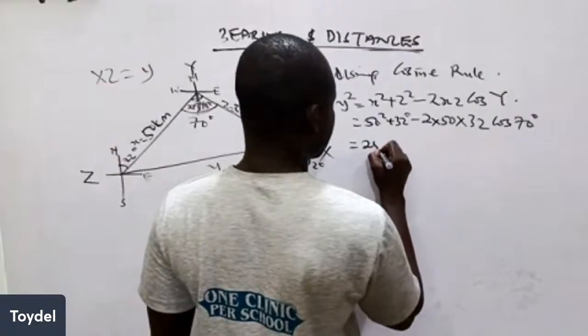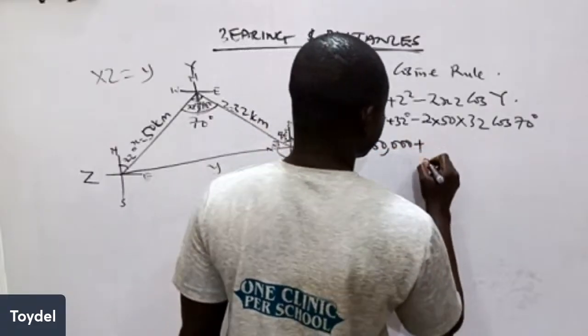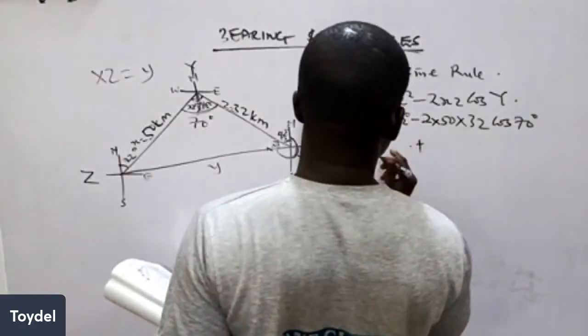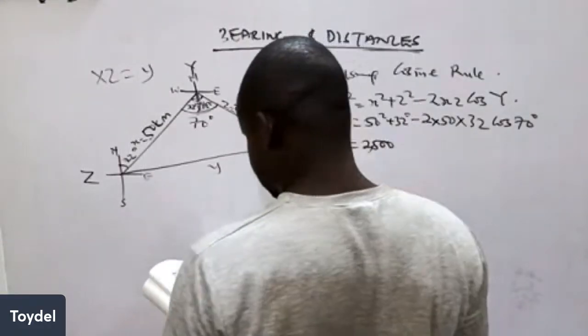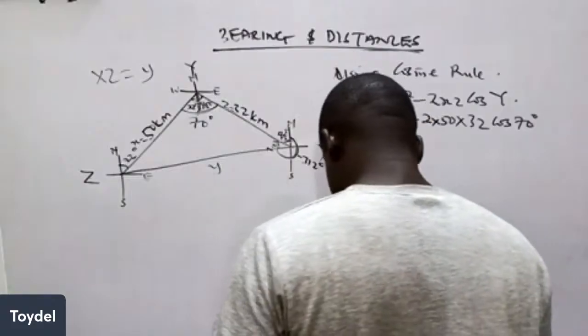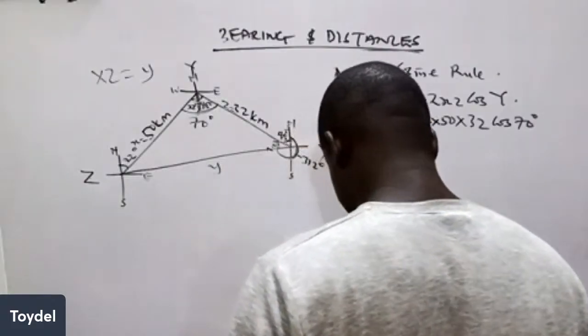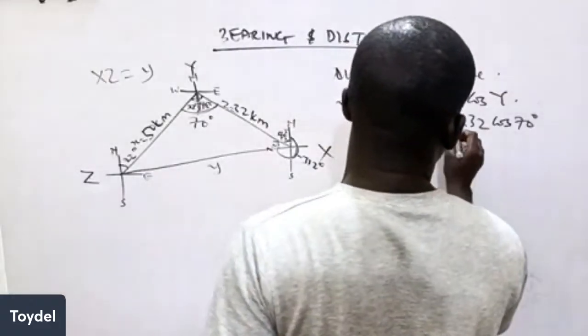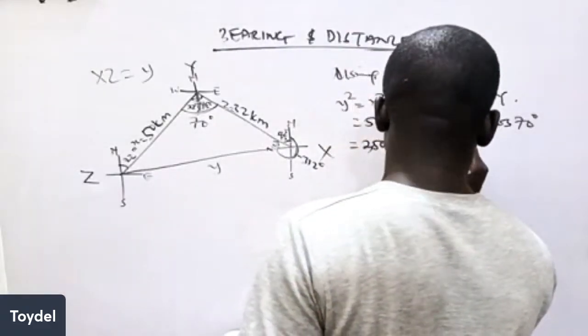So here I'm going to have 2500 plus, what is 32 squared? 50 squared is 2500, plus 32 squared. 32 squared is going to give us 1024, minus this is 100, 100 times 32, that is 3200.